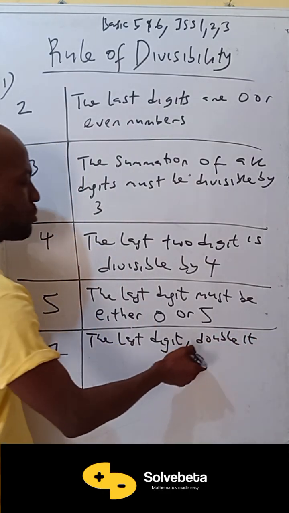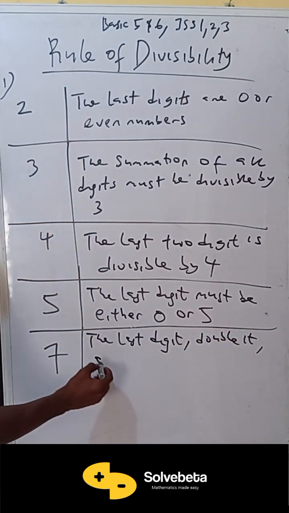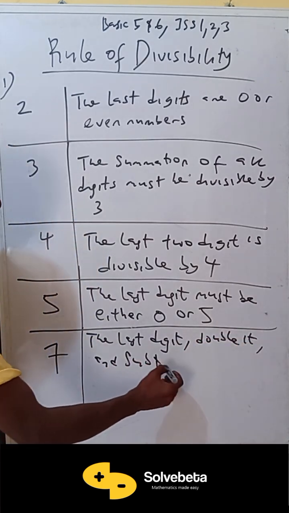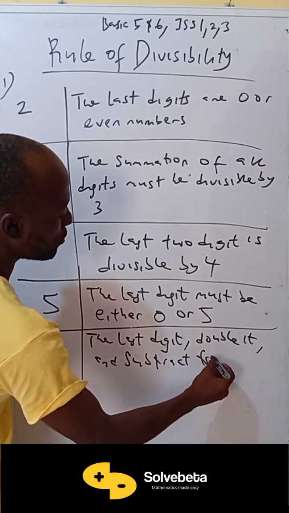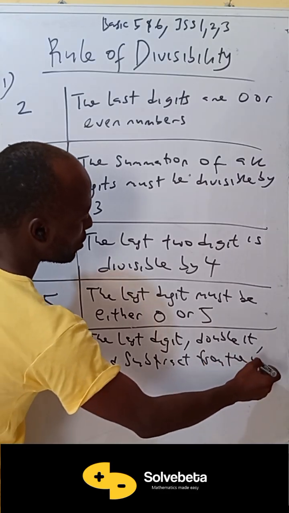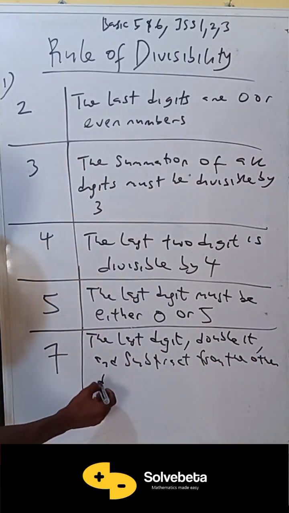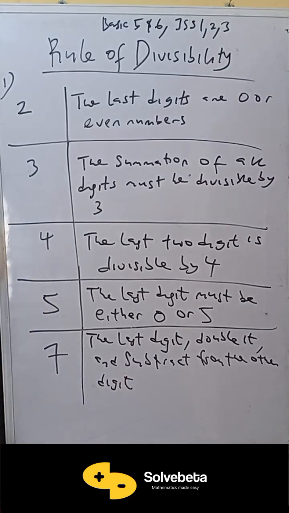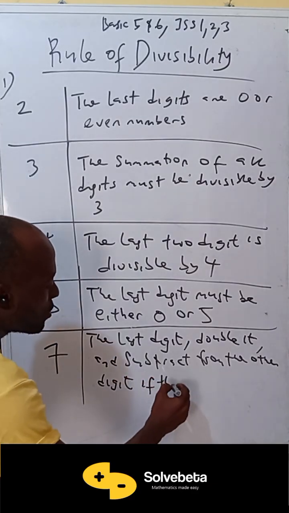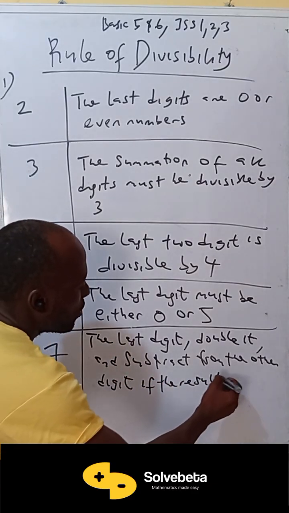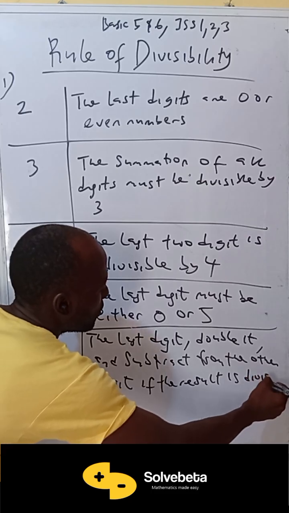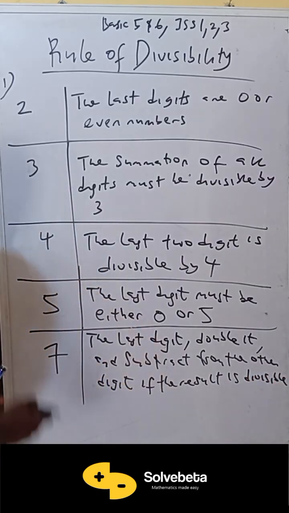The last digit, double it and subtract from the other digits. If the result is divisible by 7, check if it's divisible by 7.